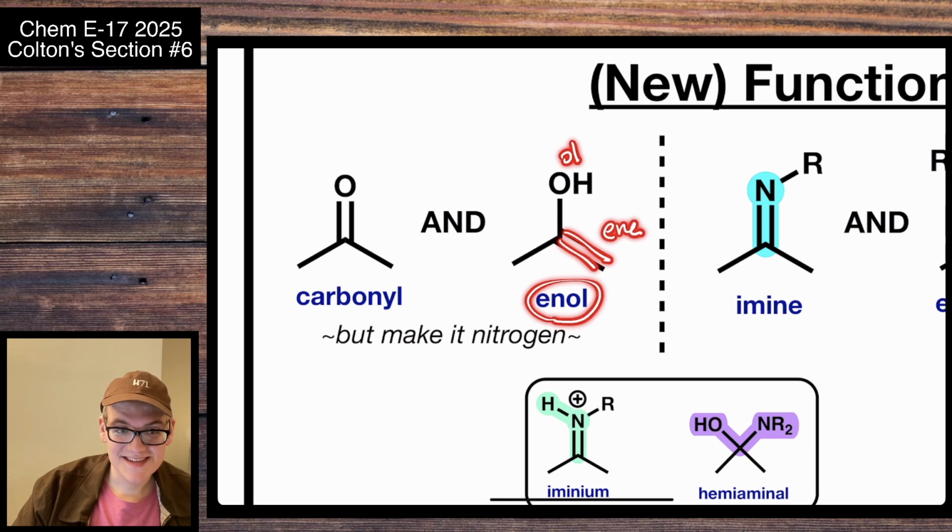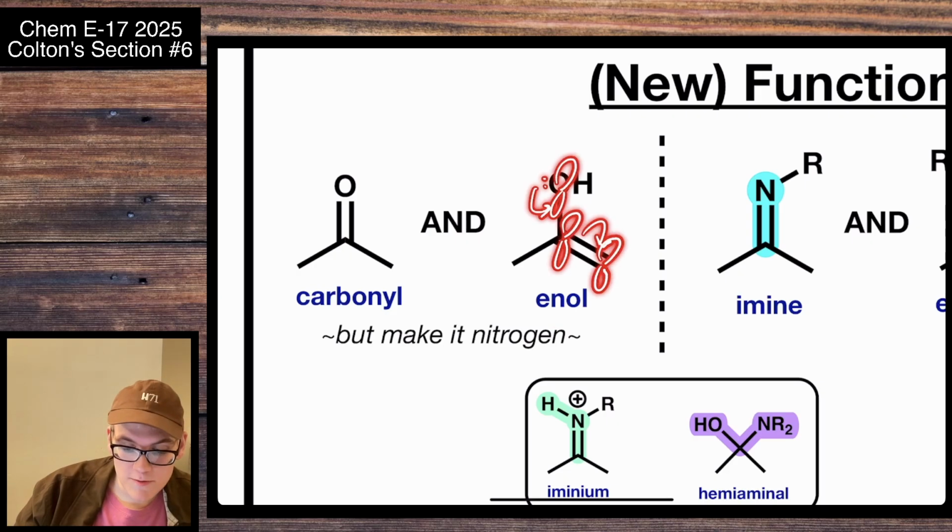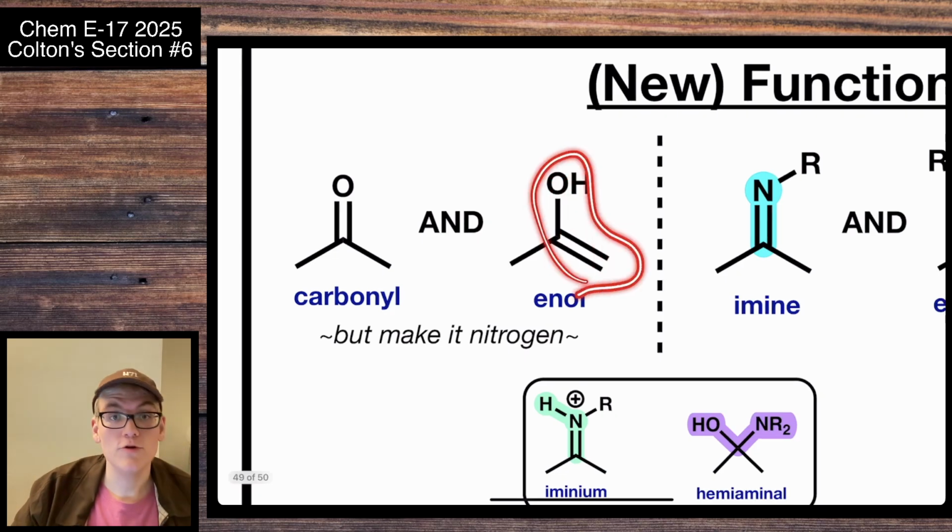Now, the reason why we consider this a compound functional group as one thing, instead of an alkene and an alcohol as two separate functional groups, is because there is resonance. All of these have p orbitals, they're delocalizing, and so this thing reacts as one group. It doesn't react as two separate groups.